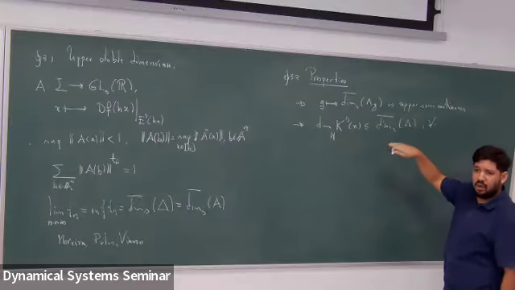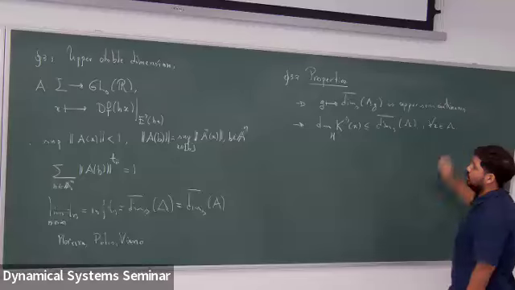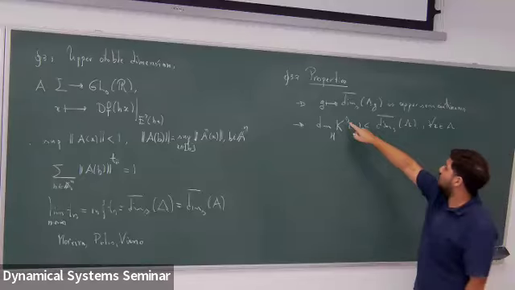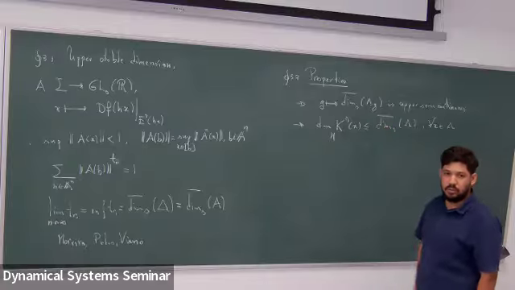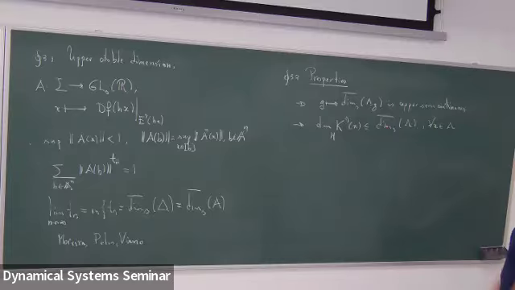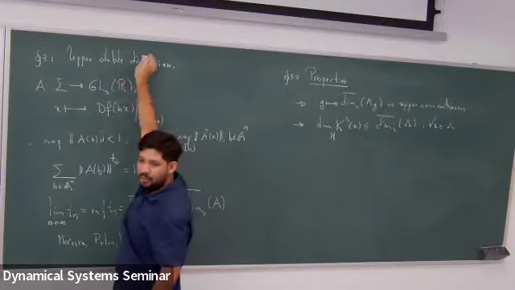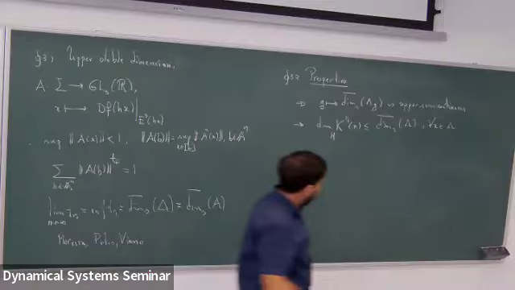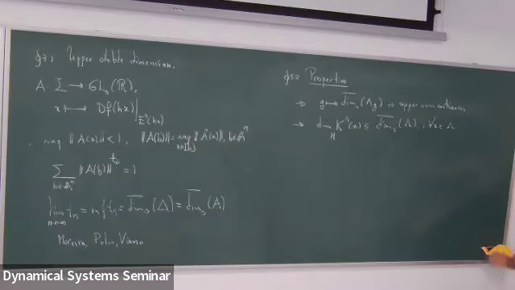That's what happens already in the IFS case. So if you like, the unstable dimension will be an upper bound for the Hausdorff dimension of the stable set. And that's the only reason for this terminology, because it's an upper bound for the stable dimension.